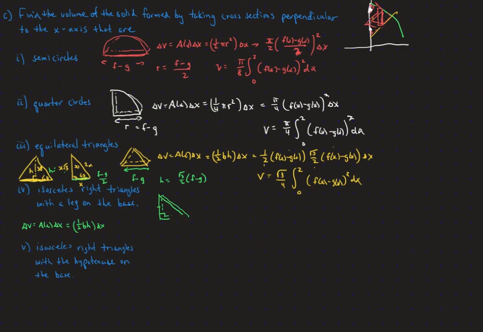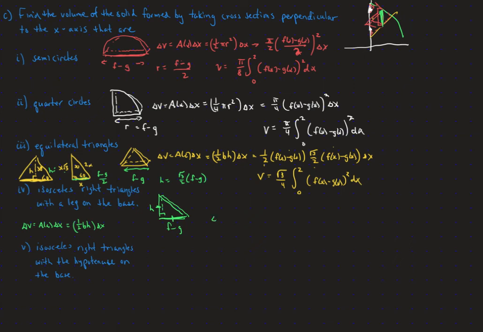Now, the base, this part right here is exactly what we're seeing right here. That is our f minus g. Because it's isosceles, our height is exactly the same thing.